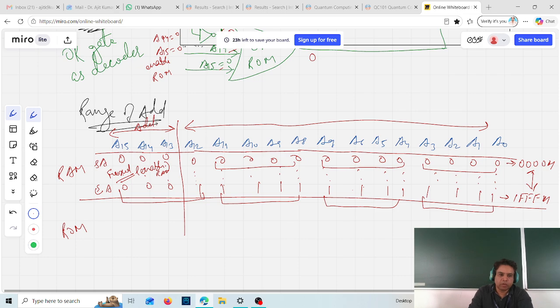Now come back to the ROM. Let us say this is the starting address. So I write here SA, starting address for the ROM, and end address for the ROM. For the starting address, again I will say that A0 to A12 will be 0, that is 1, 2, 3, 4, 5, 6, 7, 8, 9, 10, 11, 12, 13 bits.